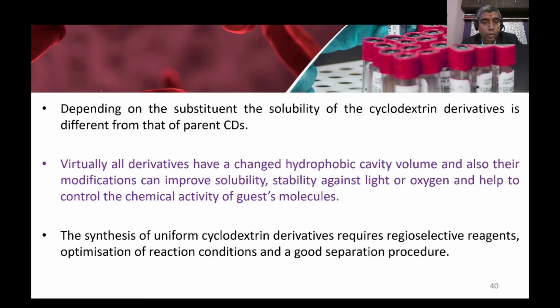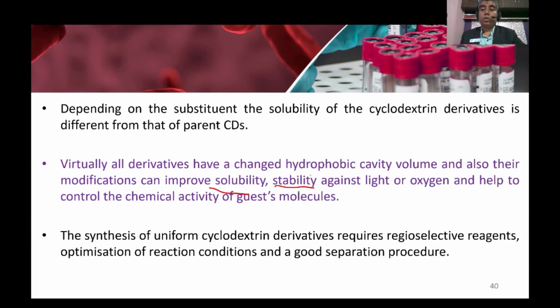Virtually all derivatives have a changed hydrophobic cavity volume, and their modifications can also improve solubility and stability against light or oxygen and help to control the chemical activity of guest molecules.